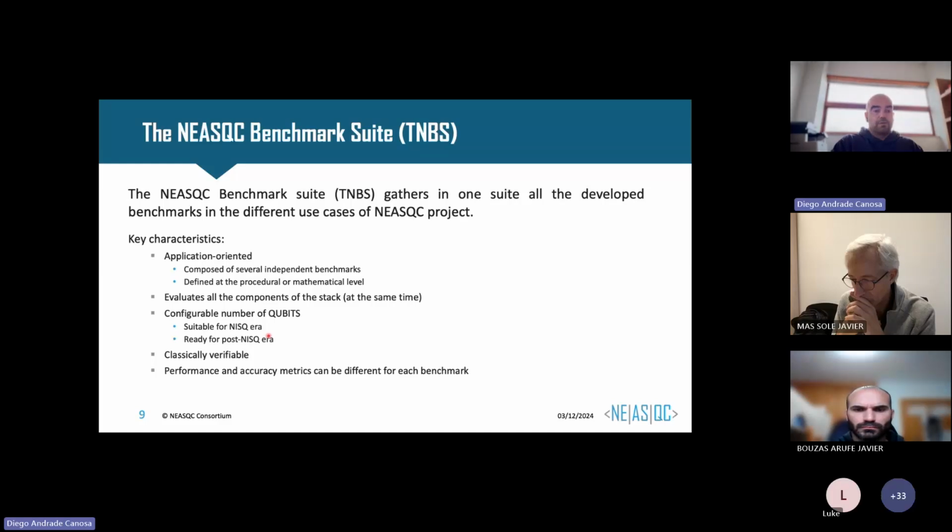So we have this freedom to configure the number of qubits that we want to use in a given problem. The outputs are classically verifiable, so this is also important because we can verify the outputs by classical means. So we are going to have metrics for the accuracy of the calculation, and the performance and accuracy metrics may be different for every benchmark.